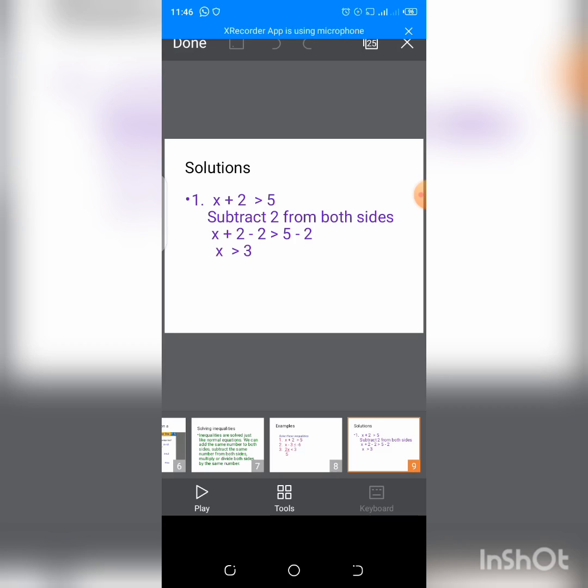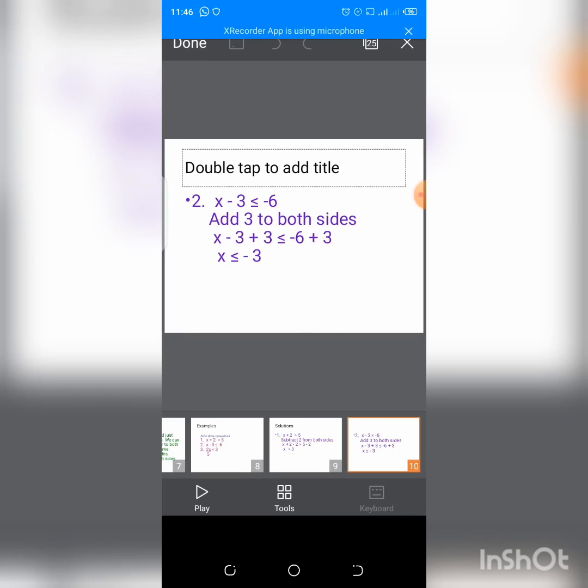That is, if x is a whole number, x can take values such as 4, 5, 6, 7, 8, and so on. To get the range of values for x in number 2, x minus 3 is less than or equal to minus 6. We have to add 3 to both sides in this case, and we have x is less than or equal to minus 3.